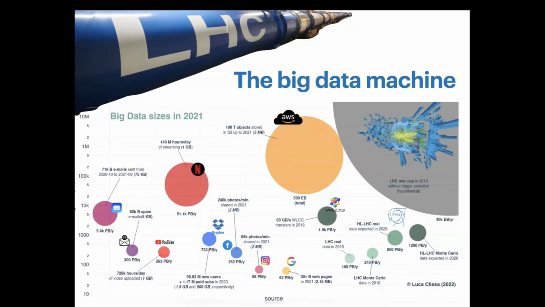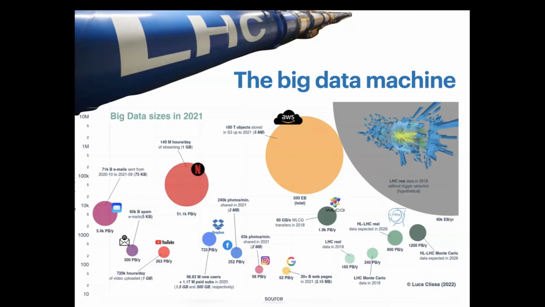Now, the raw data from this machine is expected to be around 40,000 billion gigabytes. That's a huge number, but in practice, most of it is filtered and trimmed and squeezed into something we can handle.